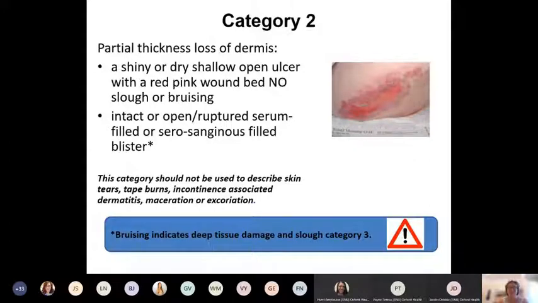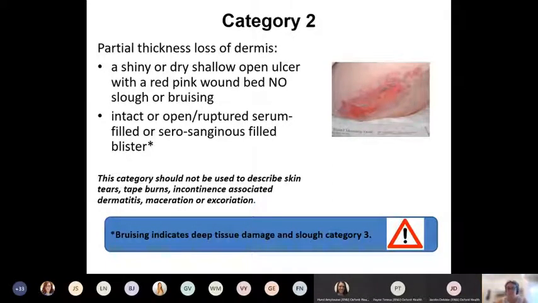That in the early stages is a fluid filled blister, but a week or so later, as that fluid has been absorbed, what you end up getting is a hard black scab appearance that people often get confused with the category 4 pressure ulcer, but is in fact just the drying out blister that in 3 or 4 weeks the scab will just peel off and there'll be intact skin underneath. So a serosanguinous blister, a blood filled blister, is also a category 2.